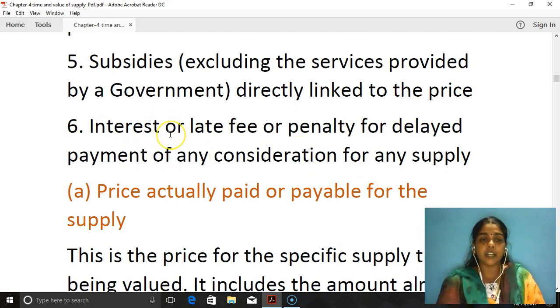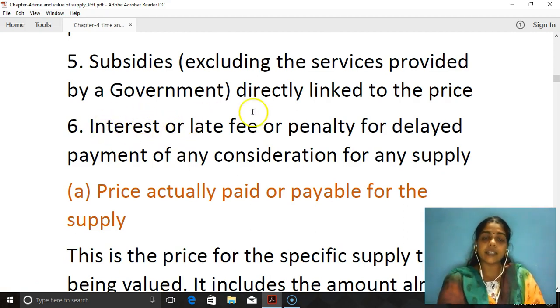This interest is different from that interest. That particular interest is in the course of business, so interest on deposits or discounting charges by the bank is outside GST.